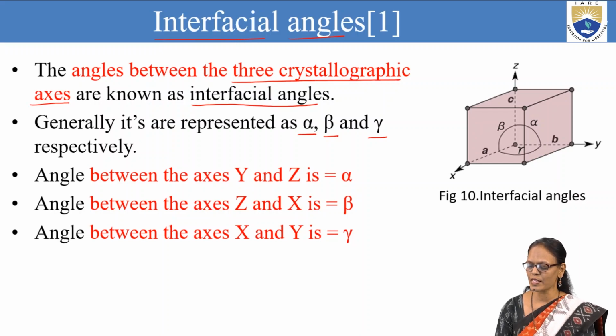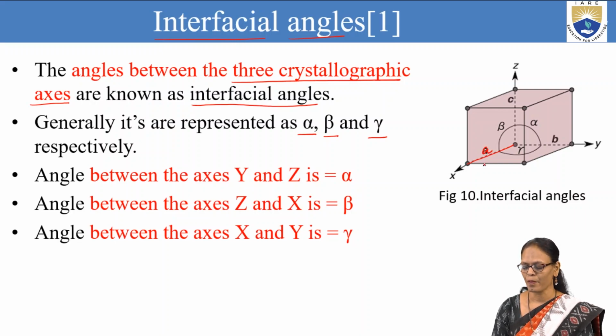Now we see here, this is the x-axis where we have taken the lattice constant as A between two atoms, along y we have taken B, and along the z-axis we have taken C. So A, B, C are the lattice constants along the three directions. Now the angle opposite to A is alpha. So this is the angle between the y and z axes.